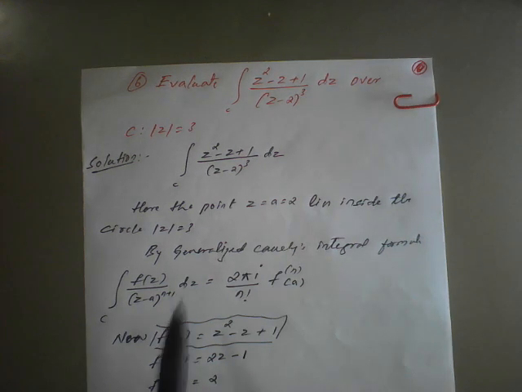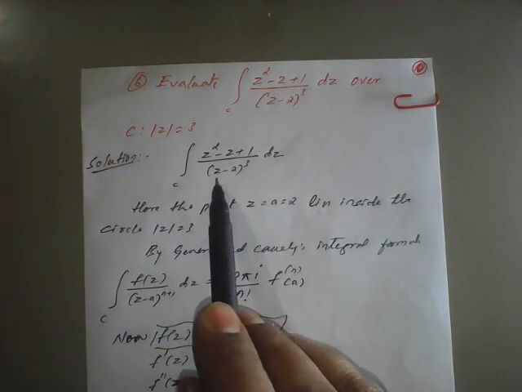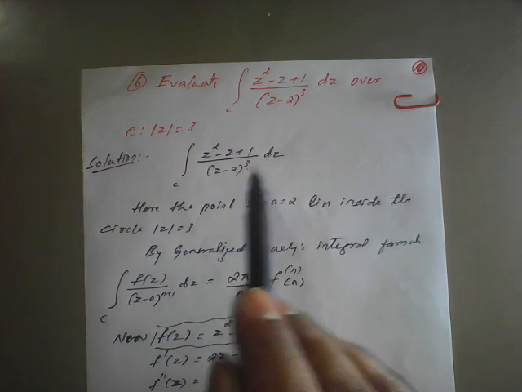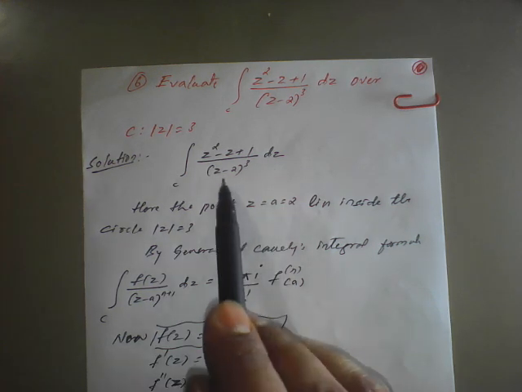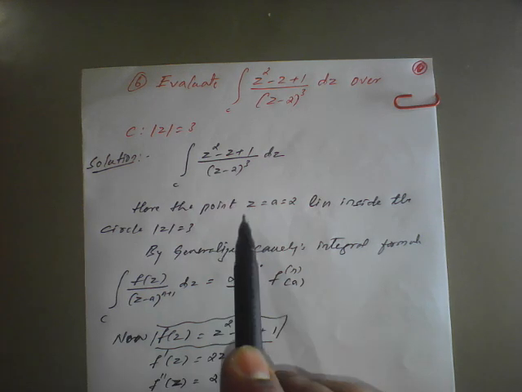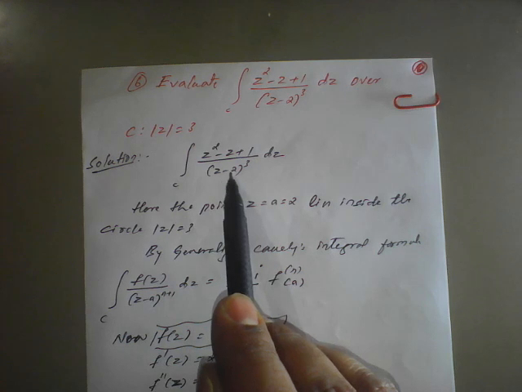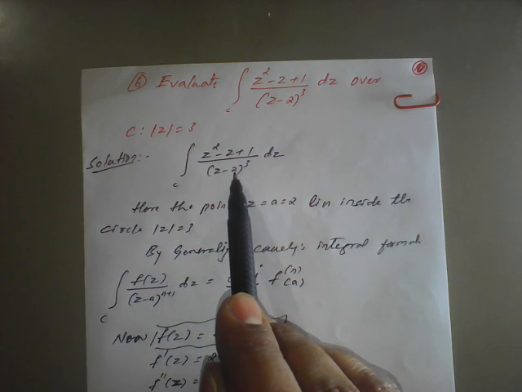Now, the given question is z square minus z plus 1 upon z minus 2 cube into dz. Here z minus 2 is the pole, and this 2 is nothing but the value of a.